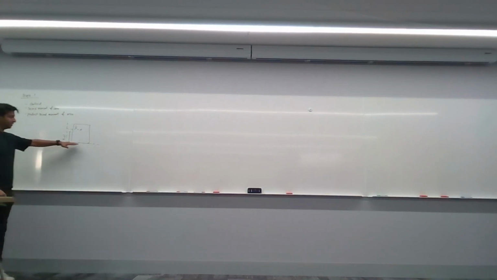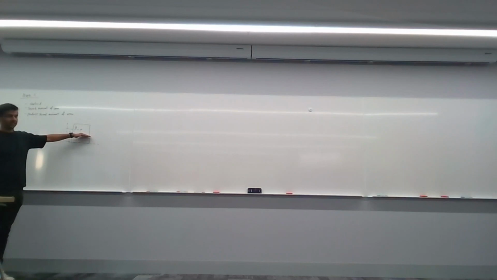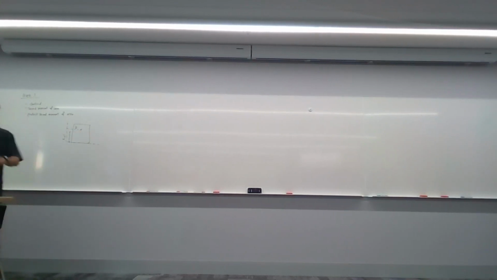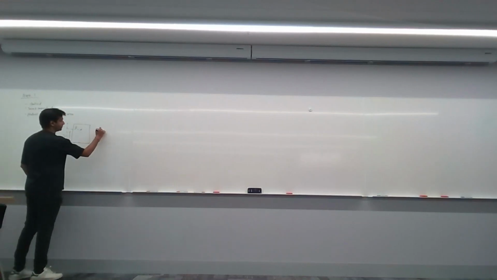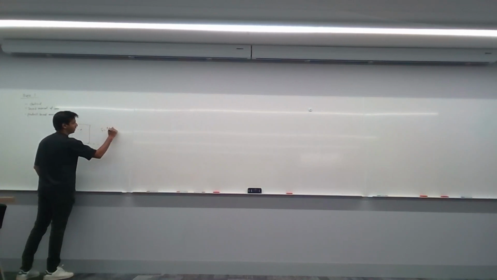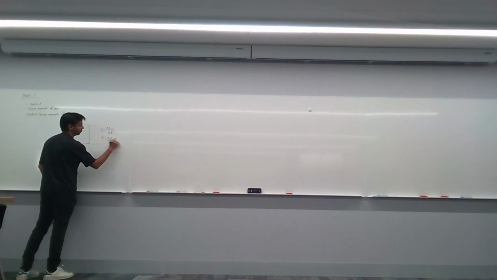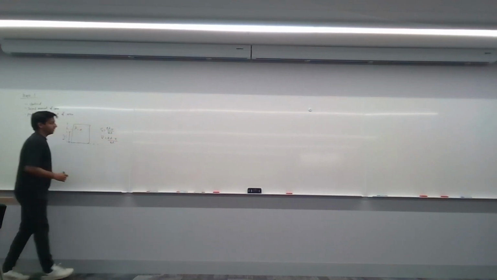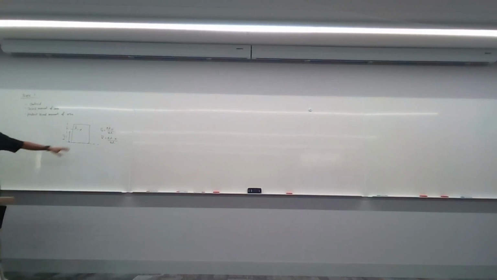It can be at the base of the shape, it can be in the center, it can be something that a question specifies to you where that reference axis is. It doesn't matter. The formula for y bar is the sum of Ai Yi over the sum of Ai, and for x bar, it's the sum of Ai Xi over the sum of Ai. You can use that for composite shapes to come up with where the centroid is.